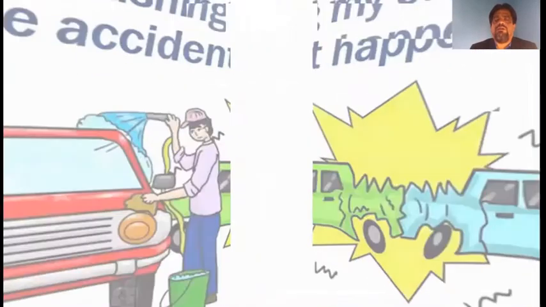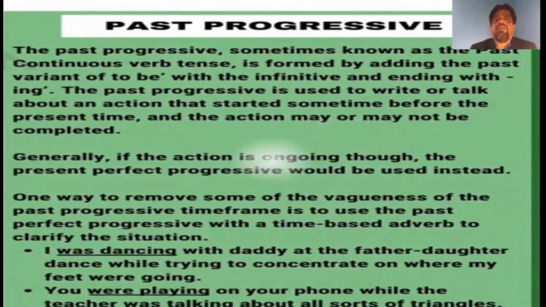Let's go further. Look at the screen. A past continuous tense, which is also called a past progressive tense, sometimes known as the past continuous, is formed by adding the past variant of to be.